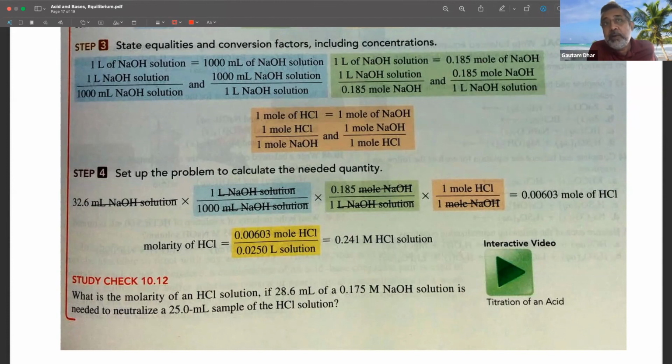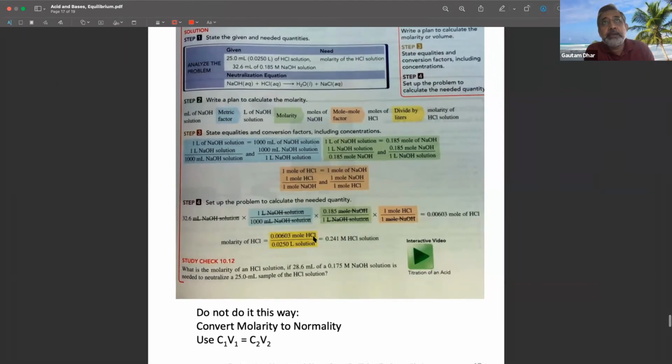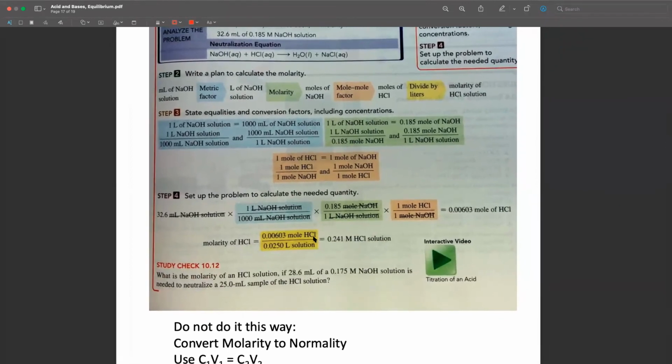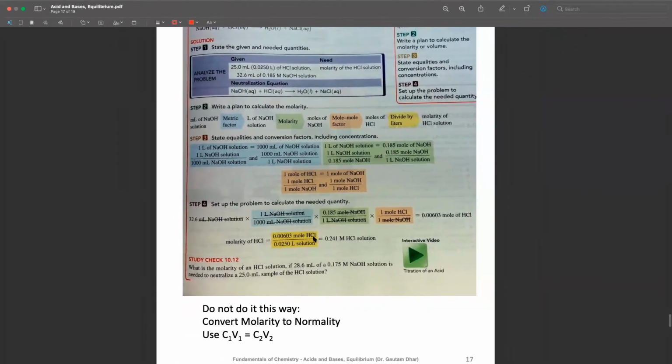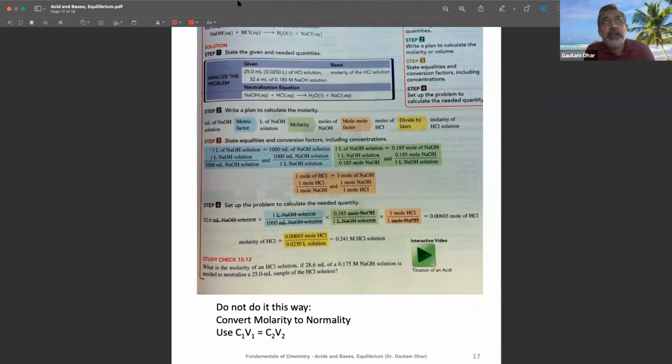Always start with a balanced chemical equation, which is basically the same as the previous one. NaOH plus HCl to give water plus NaCl, you have to use the same equation. And then do it the same way.